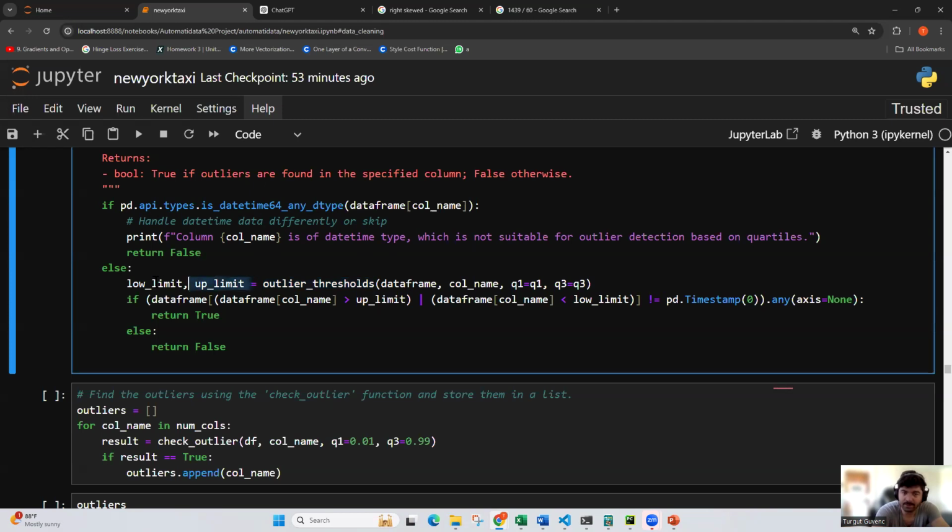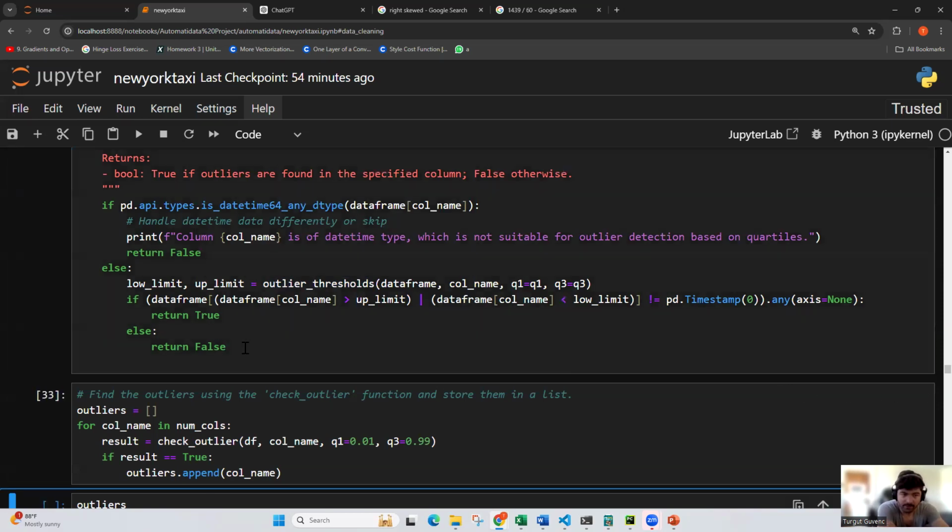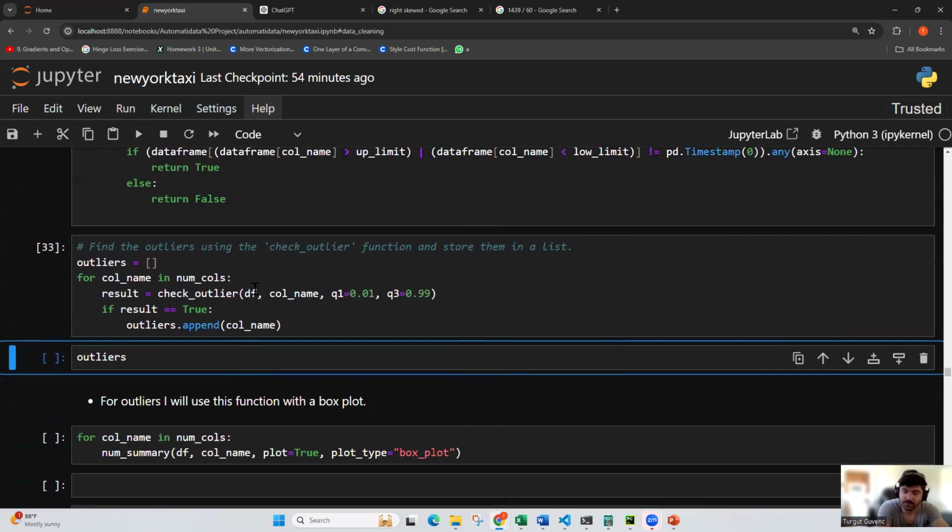So we get our low and up limit, and we check in the data frame column whether it has a value above the upper limit or below the low limit, and if so it returns True. That means it has an outlier.